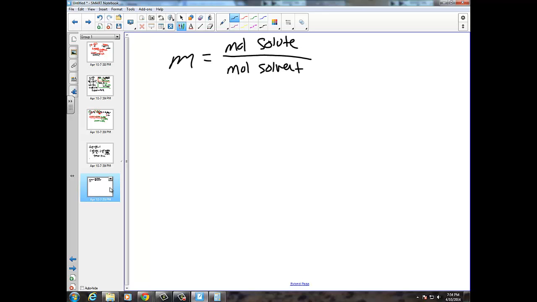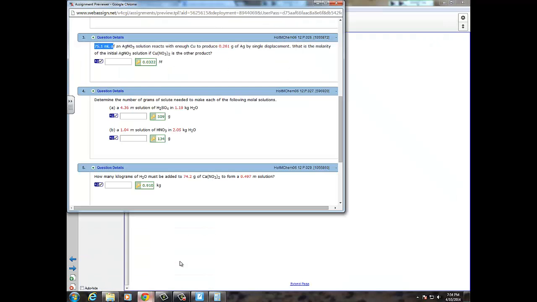If water is present, water is going to be your solvent. So for this problem, number 5, we're trying to figure out kilograms of water.